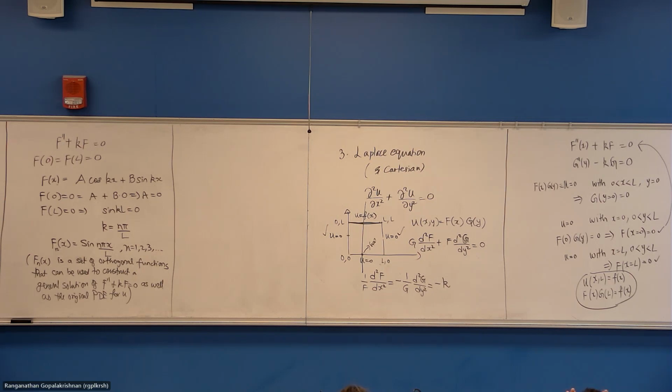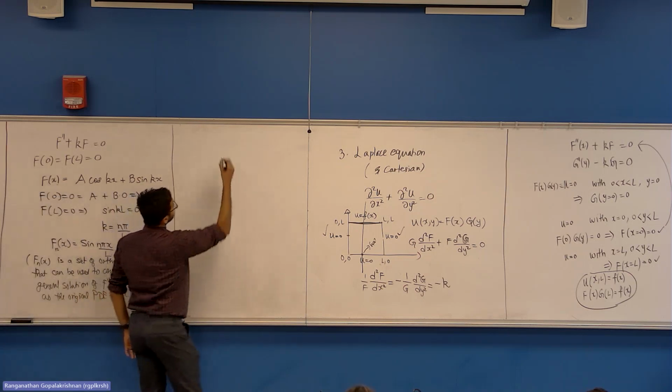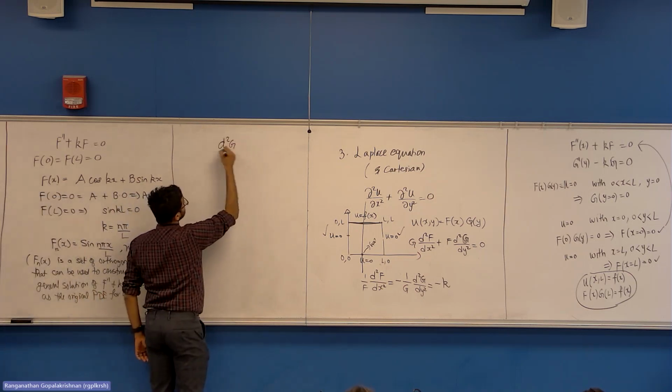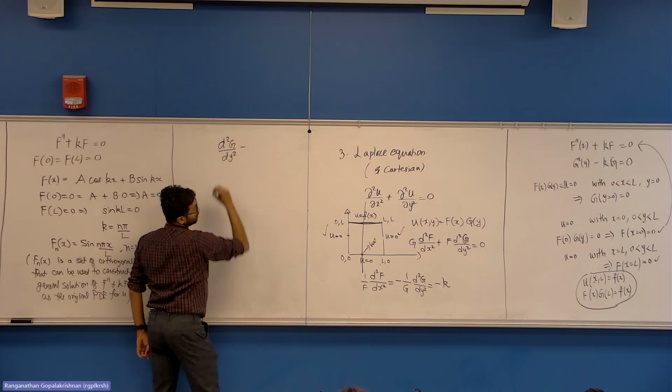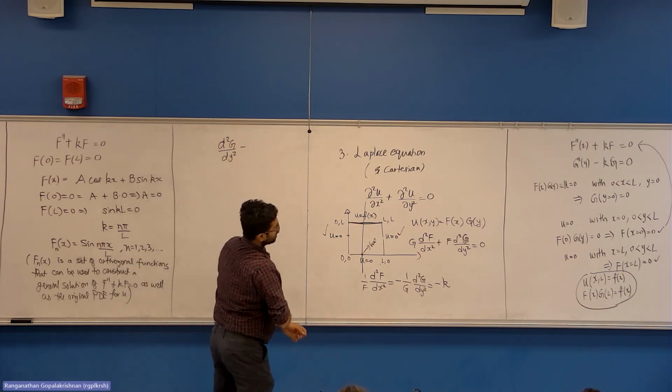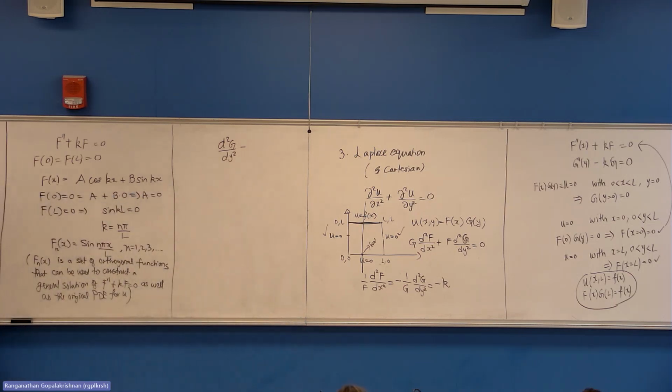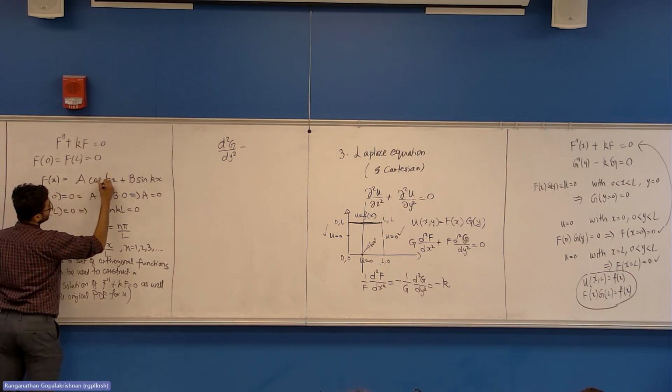Okay. So if we take the other equation, d squared g over dy squared minus kg, and k happens to be n pi over L squared. Oh, this should be square root of k.